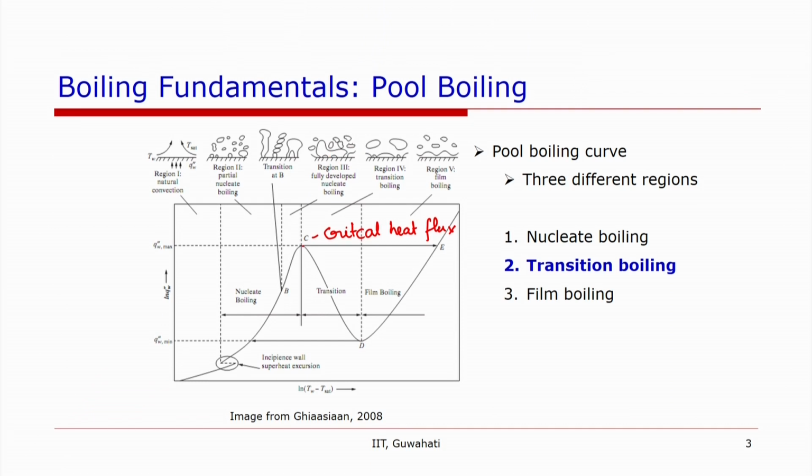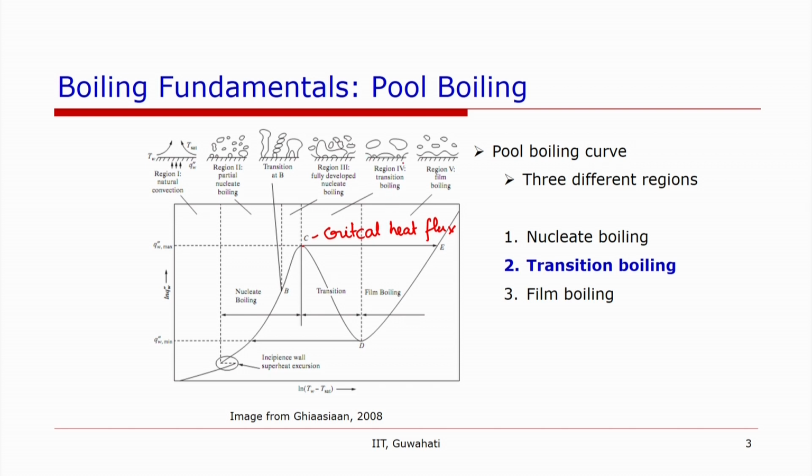So that is why there is a sudden decrease in the wall heat flux, and when this heat flux decreases, this is disastrous for a number of applications, because the temperature of the surface might shoot up, or it will shoot up. So then there is a problem.